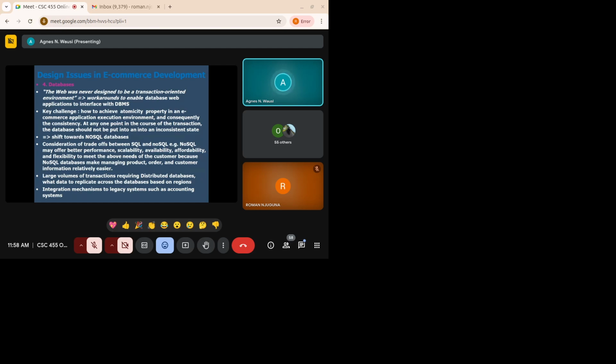And a lot of organizations already have ERP systems or financial systems that they use, and they are not about to throw them away because of e-commerce. So the question is how do you integrate all this sales data that you want to finally analyze.